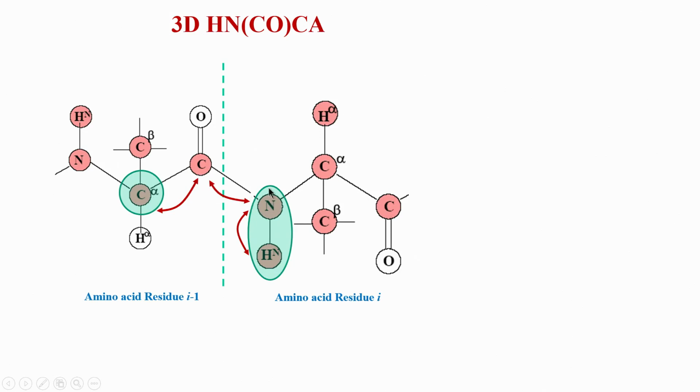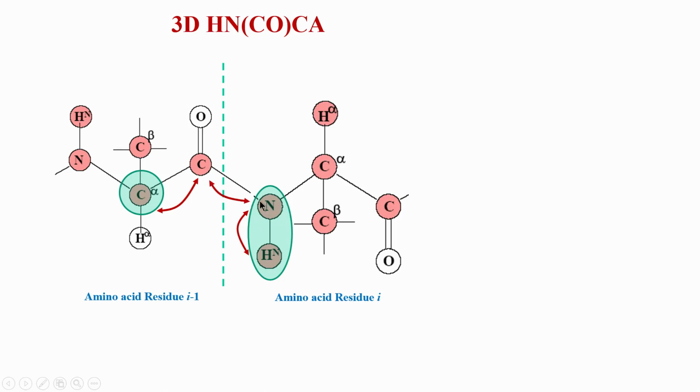If I transfer the magnetization from N to CO, the magnetization will flow only to this CO, only in this direction, it will not go in this direction because this coupling is very weak. As I mentioned, N to CO cannot be transferred like this because it is less than about 1 hertz, whereas this is 15 hertz.